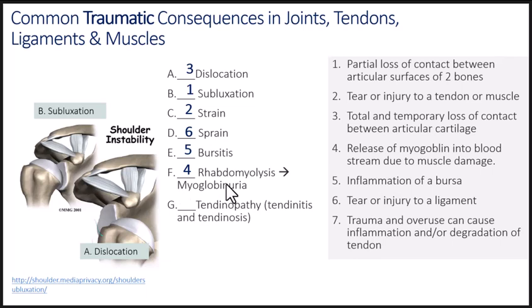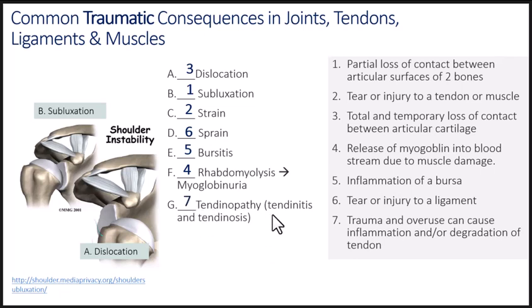Because myoglobin is a protein, and we know proteins should not end up in the urine, if they do, it can indicate that the kidney has been overwhelmed and maybe even damaged. And so an important consideration for somebody that has myoglobin in their urine is: are the kidneys okay? Were they able to tolerate what they just filtered?